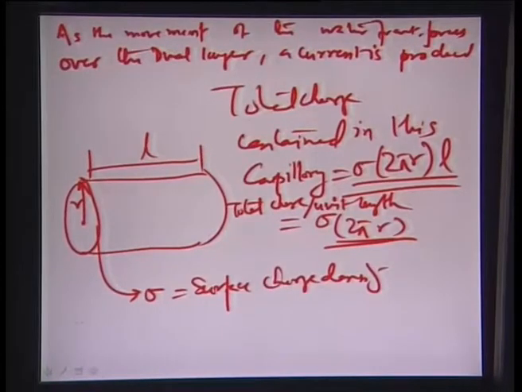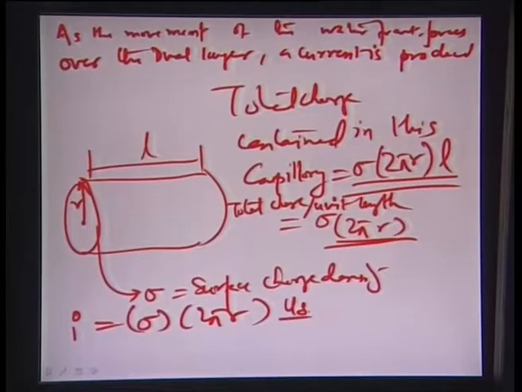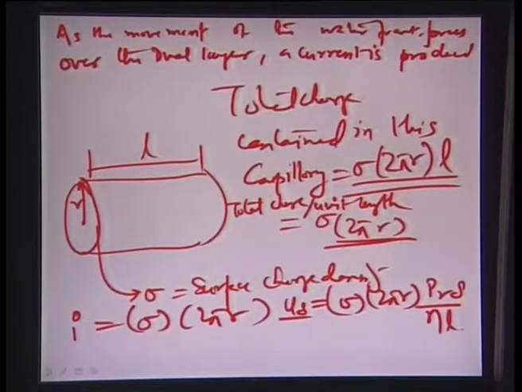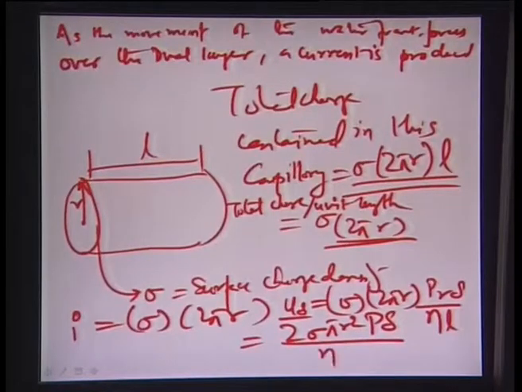So, the total current I in this case would be sigma times 2 pi r, charge per unit length, times length per unit time u delta. Substituting the value of u delta from the derivation made earlier, u delta is p r delta divided by eta L, as you found from the pressure driven flow, and therefore this current I is nothing but twice sigma pi r square p delta divided by eta L.